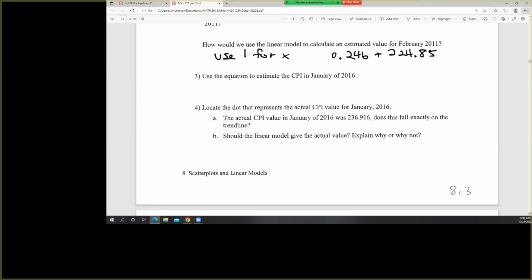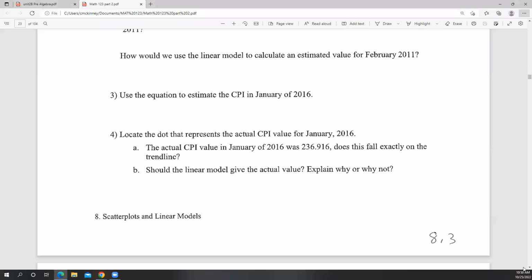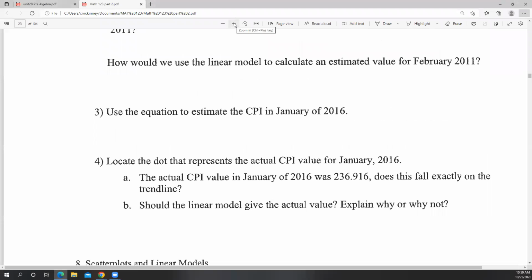What if we wanted to know the CPI in January of 2016? What are we going to insert for x? 60. How did you get 60? Exactly, because remember that the x is the number of months after January of 2011.